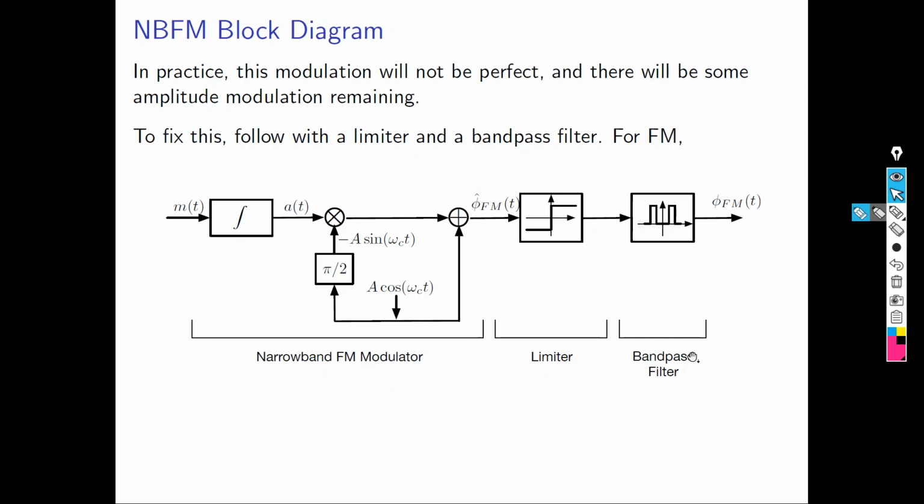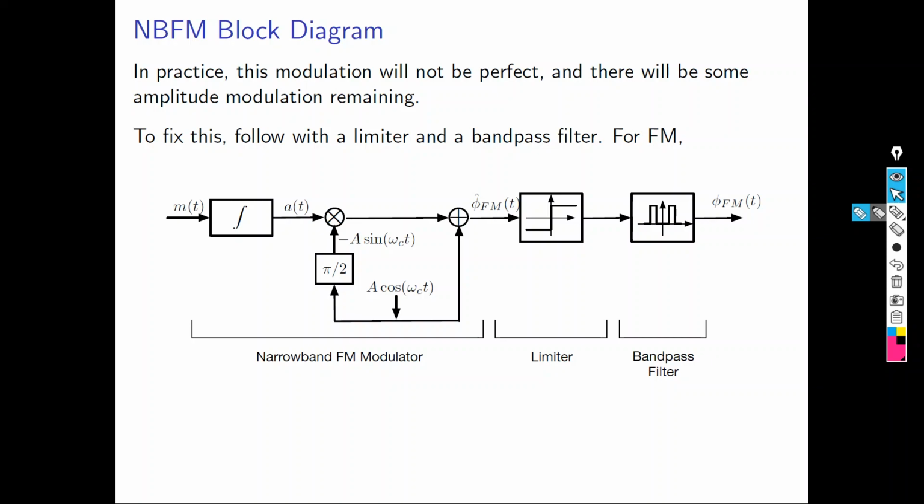Now in practice, this modulation will not be perfect, and there will be some amplitude modulation remaining because of imperfections in the hardware. The amplitude of your carrier will fluctuate a little bit and change based on the message signal.